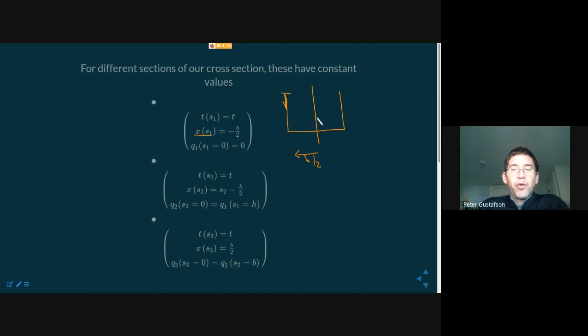So we can say the centroid, by inspection, is about in here. So the x distance from that centroid will be minus b over 2, and it'll be constant within the integral. And of course, the last thing is the boundary condition. So the flow at the free edge, which we know to be a traction-free surface, is going to be equal to 0 because there's no shear stress there.